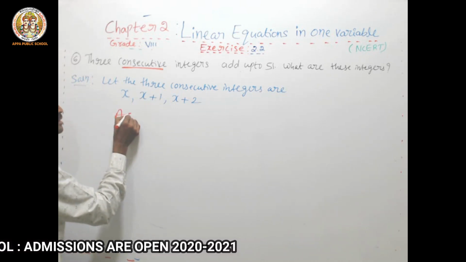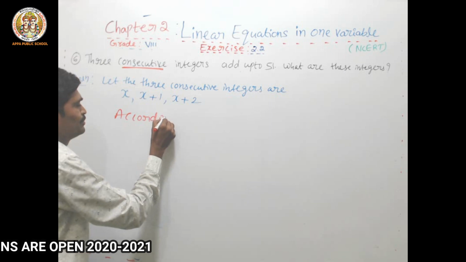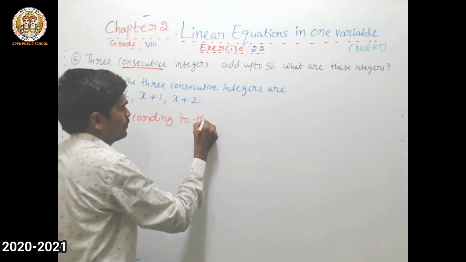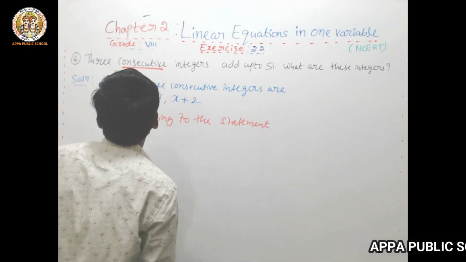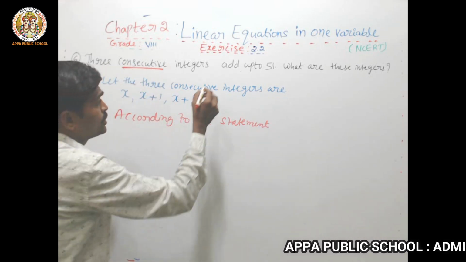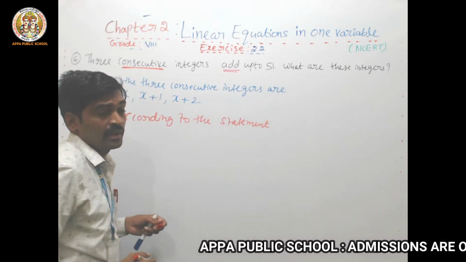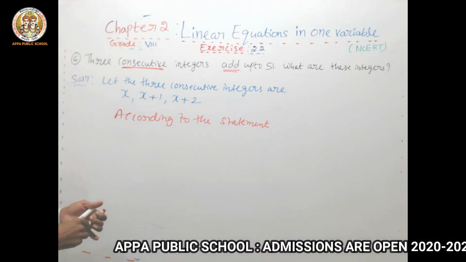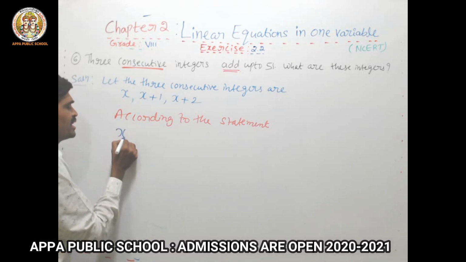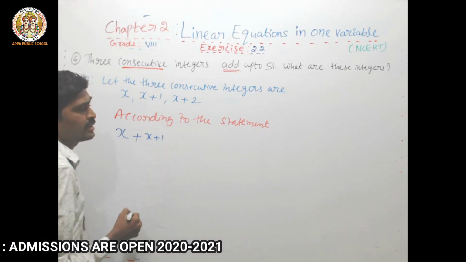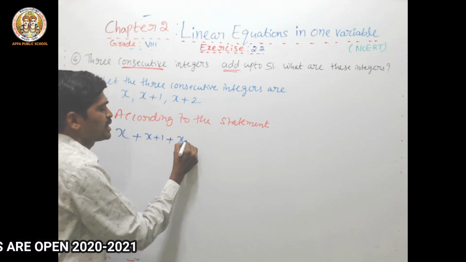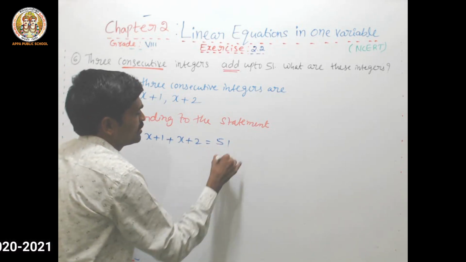According to the statement, they told the sum is 51. Sum means addition. So first integer, what do we consider? x. You can take x plus 1 as the second integer, then the third integer is x plus 2. You will get 51.